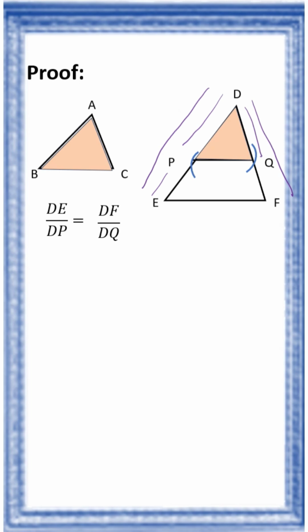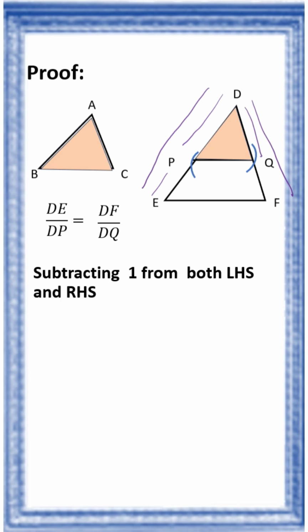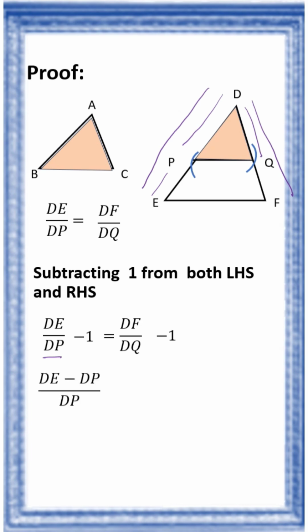So please remember this step, subtracting 1 from both LHS and RHS. What will you get? DE by DP minus 1. In RHS also minus 1. Here LCM is DP. So in the numerator DE minus DP by DP. Here LCM is DQ.